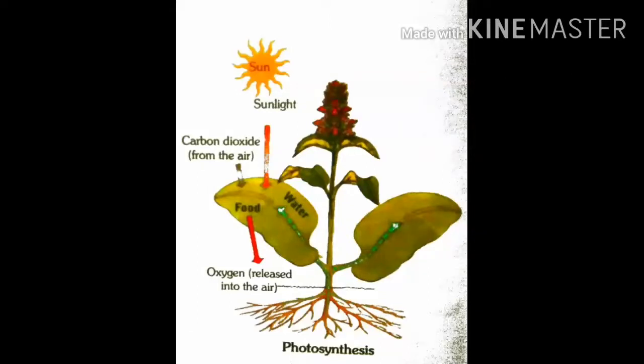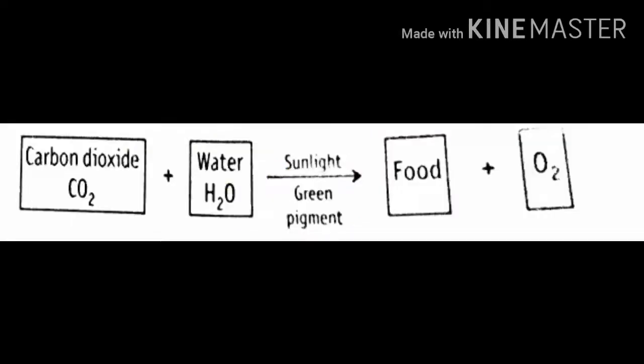Using this energy, leaves make food with the help of water from the soil and carbon dioxide from the air. This process is called photosynthesis.